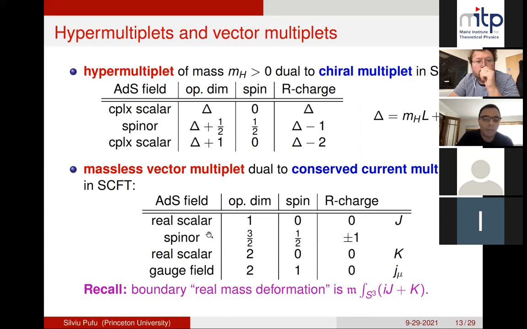These operators in the boundary correspond to some fields in the bulk. And this operator is very important because we want to consider a real mass deformation on the boundary theory. So that's the deformation by this operator J plus K integrated over the sphere. So it's this massless vector multiplet that we'll use in the bulk to describe that deformation.